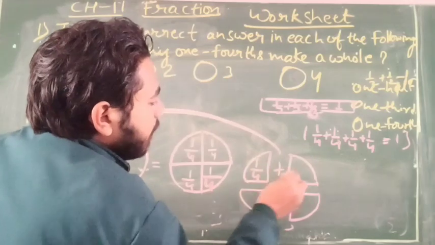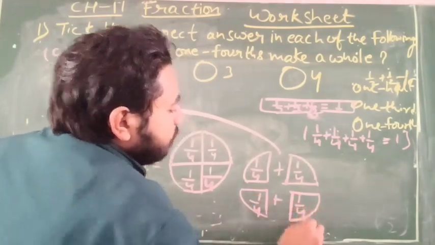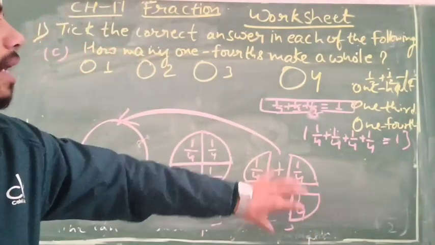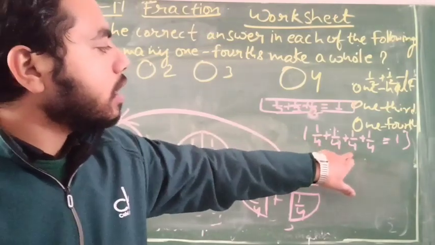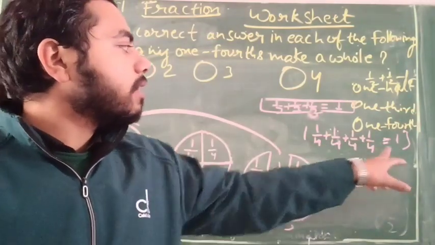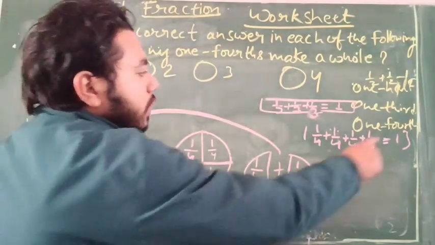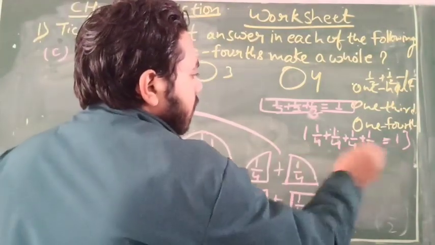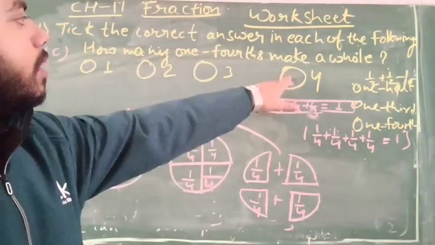It means we are adding 1/4 four times. Here 1, 2, 3, 4. So we are adding 1/4 four times to get a whole, to get 1. So here the option will be 4.